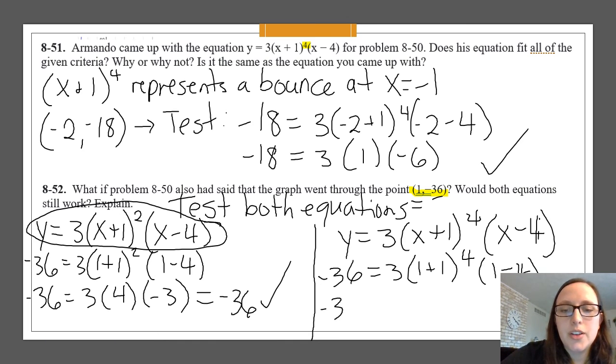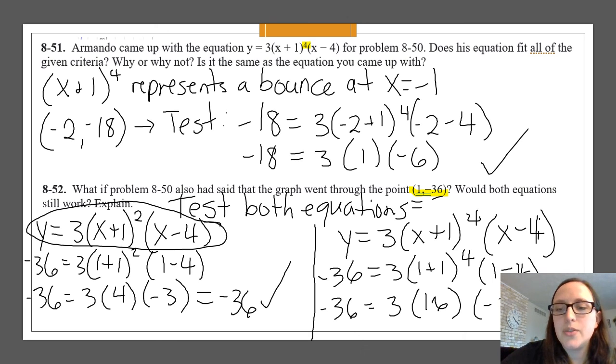Over here, we have 1 plus 1 is 2. 2 to the 4th power is 16. And 1 minus 4 is -3. This would actually be -144 when we multiply 3 times 16 times -3, which does not equal -36. So that equation wouldn't work if that was a point on the graph.